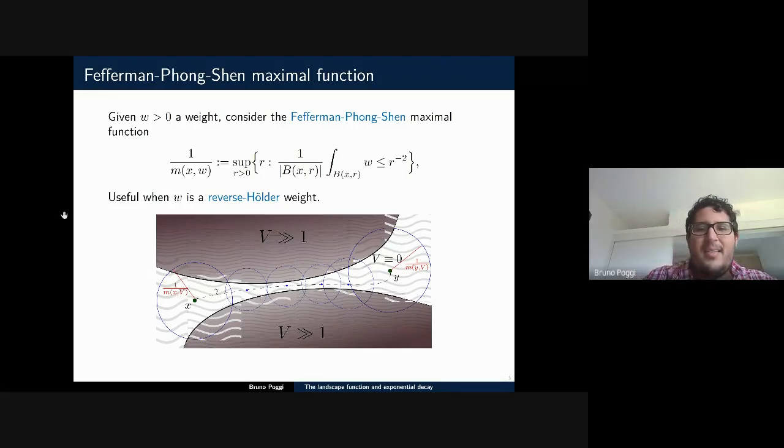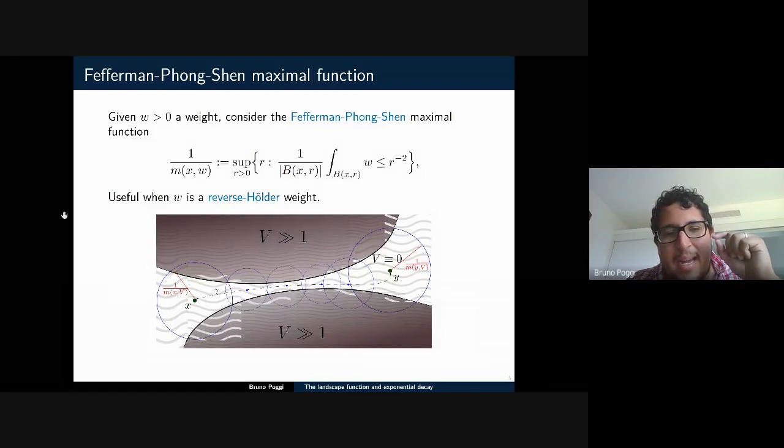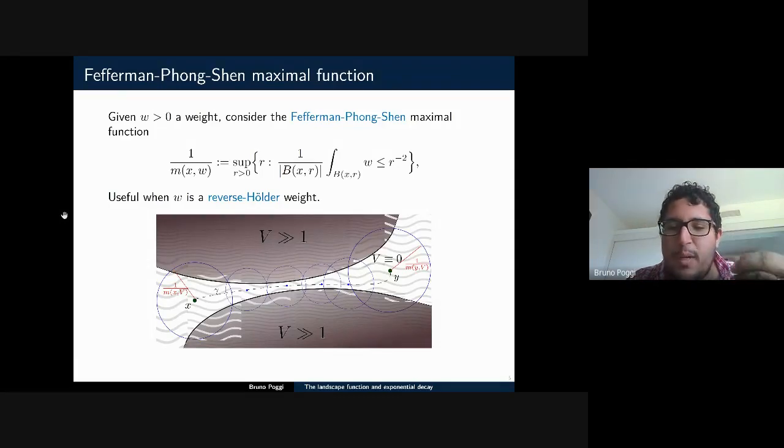This function M has come to be known as the Fefferman-Phong Shen maximal function, and it was introduced by Songwei Shen to study precisely these questions that I was saying about the Calderon-Zygmund operators and Riesz transforms.